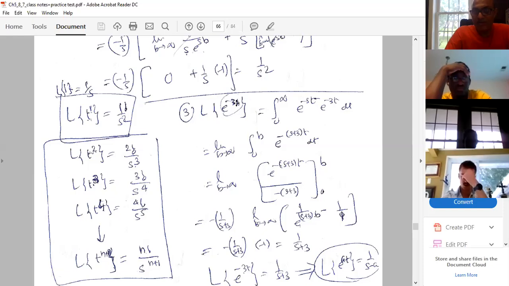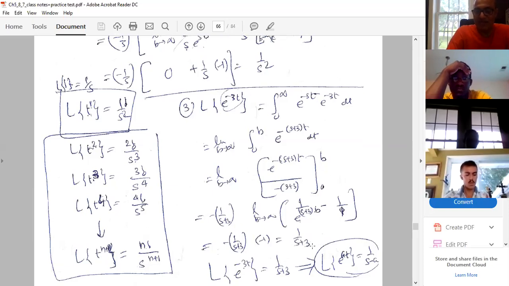So whenever e to the power negative 3t is there, this negative 3 gives 1 over s minus a. So suppose negative 3 is your a in general: the Laplace transform of e to the power at is 1 over s minus a. So e to the power negative 3t gives 1 over s plus 3, here a equal to negative 3.